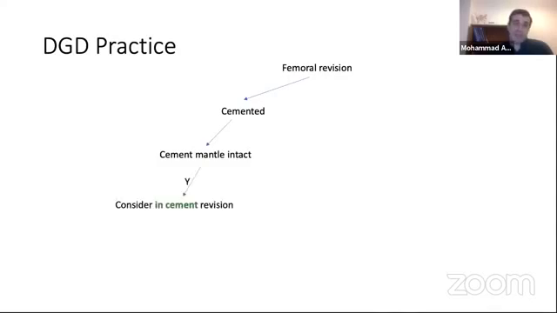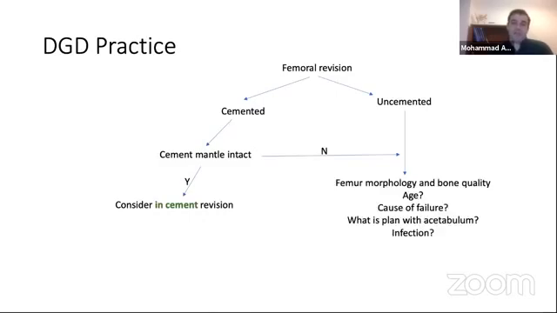And if it's intact, which can be assessed radiologically as well as intraoperatively, which the Prof is going to elaborate on further, you can consider an in-cement revision. If this is a revision for an uncemented implant and the cement mantle is not intact, then we ask ourselves the following questions. So what is the femur morphology and bone quality, which is the Paprosky classification?